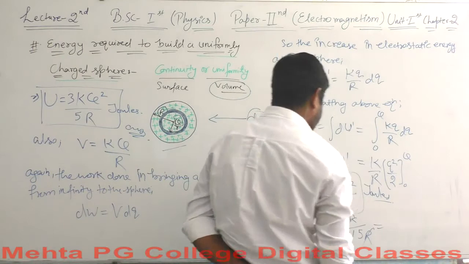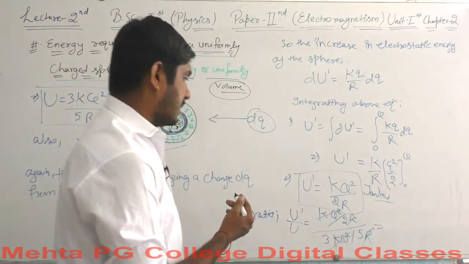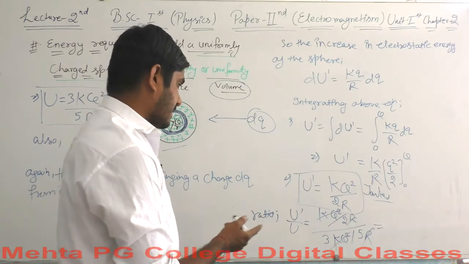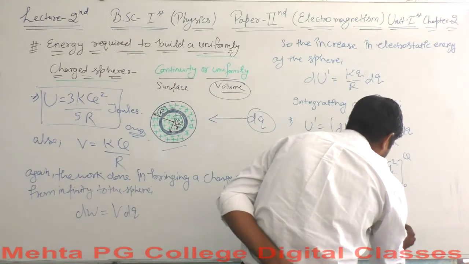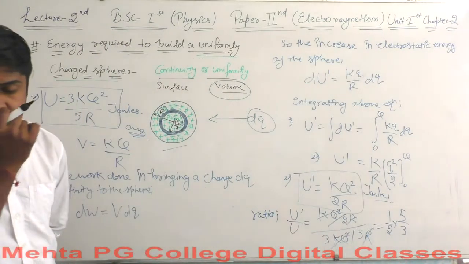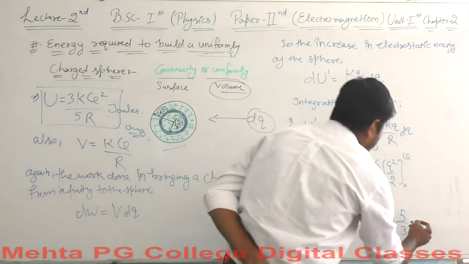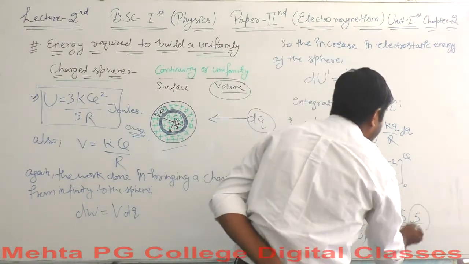So the thing remaining is 1 by 2 into 5 by 3, which is 5 by 6. This is the 5 by 6. So this is the ratio here.